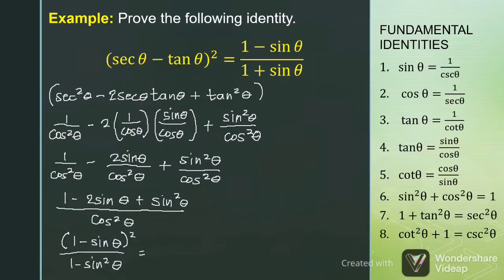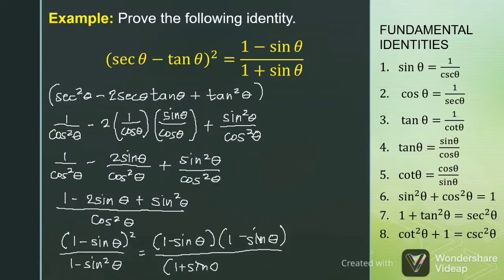So we know that 1 minus sine theta squared is the same as 1 minus sine theta times 1 minus sine theta. And the factors of 1 minus sine squared are 1 plus sine theta times 1 minus sine theta, right?